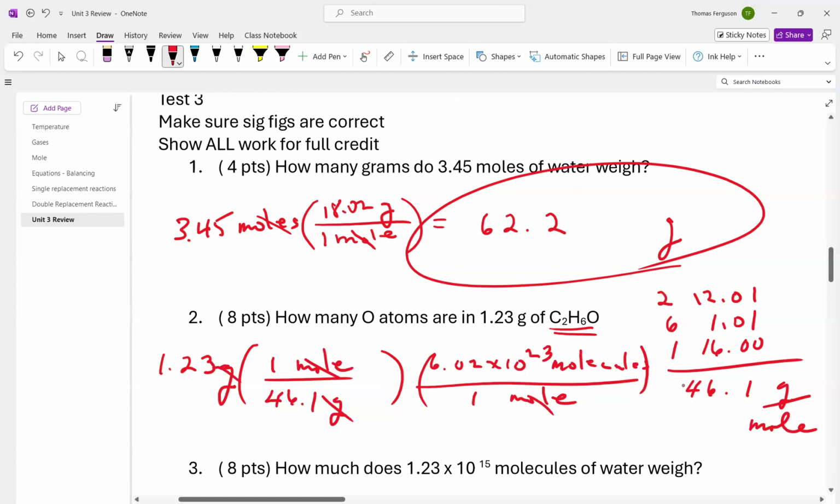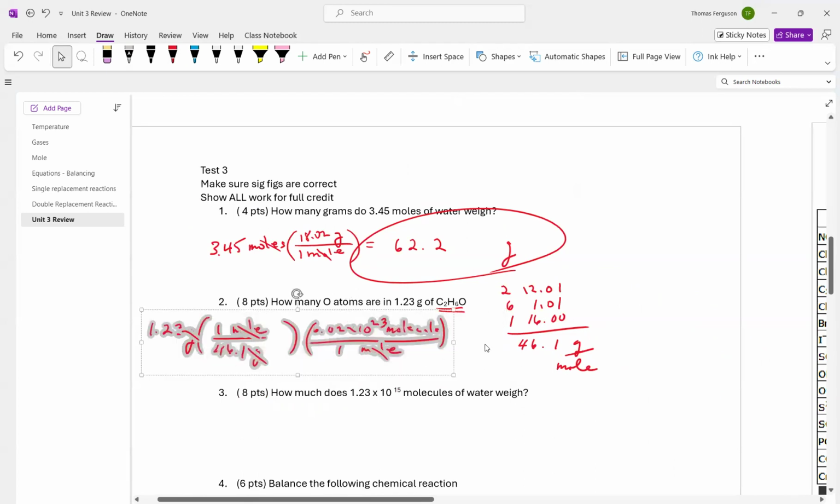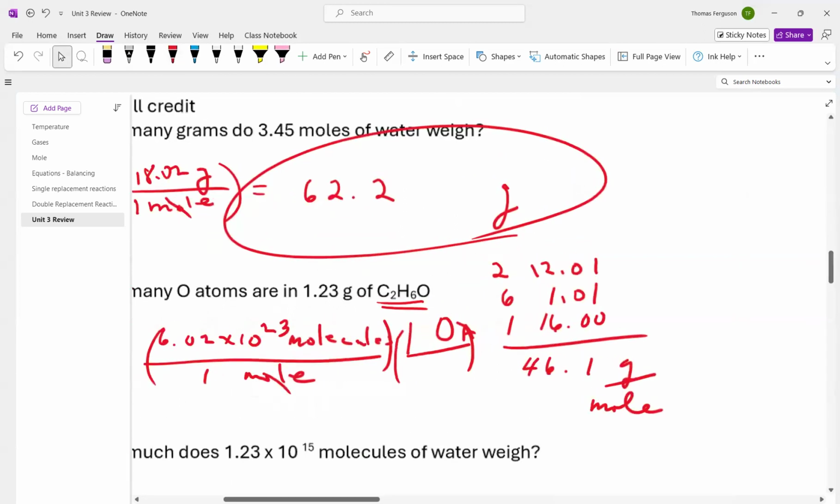And then lastly, we have to have that 1 to 1 conversion factor in there. Otherwise, your units don't cancel out.